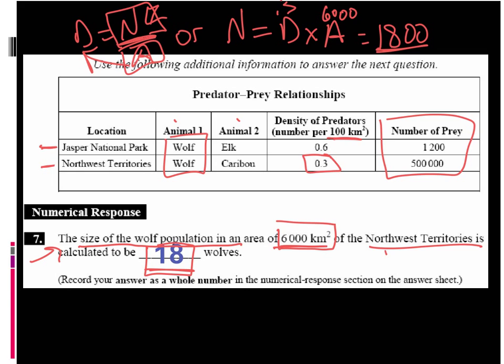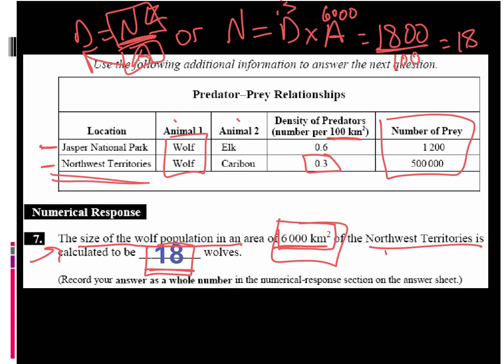Because it's per 6,000, we have to get it down to 100 kilometers squared. And to do so, we divide by 100, and therefore we will then get 18 wolves in 100 kilometers squared area, or a total of 6,000 kilometers squared area within the Northwest Territories. So I hope that makes sense.